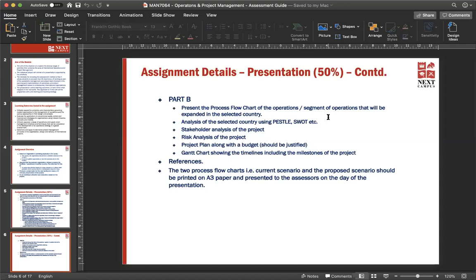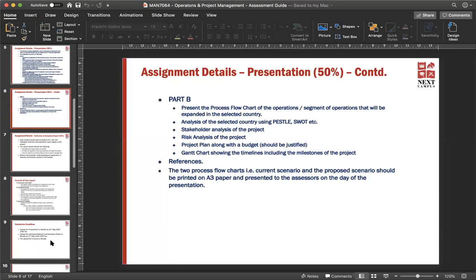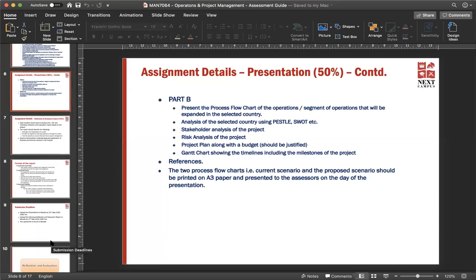Okay. So if you have the process flow charts in soft copy format, that's enough for the moment, right? Okay, clear? Questions before I go to the second part of the assessment? Apparently no questions, right? Okay.